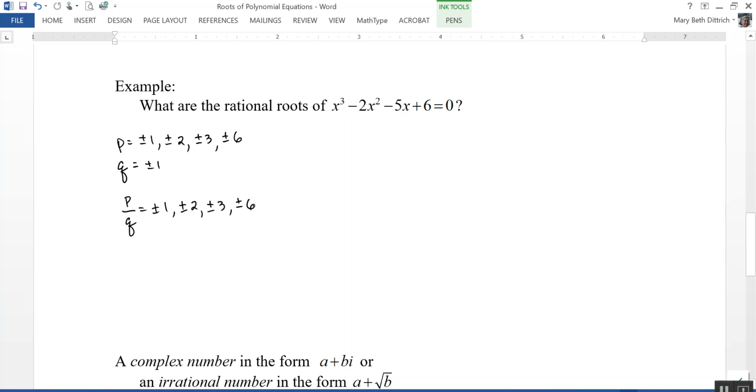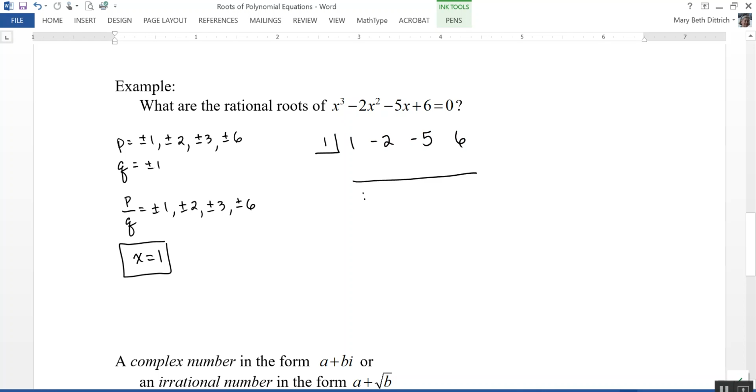It's always easy to start with 1, and I went ahead and tried 1, and 1 is one of the rational roots. So I know that one of my rational roots is x equals 1. I'm going to use that in synthetic division with my polynomial. My coefficients are 1, negative 2, negative 5, and 6.